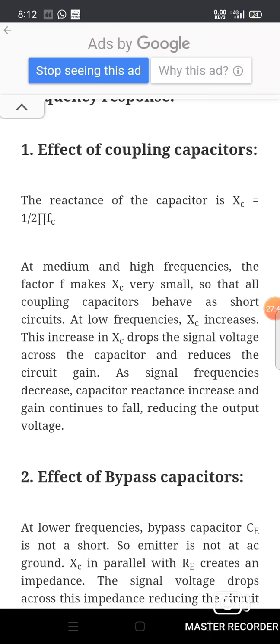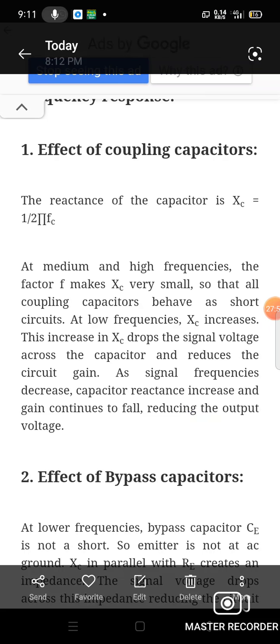So in those cases the capacitive reactance is very small, right? So all coupling capacitors behave as short circuits. At high and medium frequencies, the capacitor acts as a short circuit. When F is equal to infinity, the capacitor acts as a short circuit, right? Capacitor acts as a short circuit means the signal passes from one side to the other.